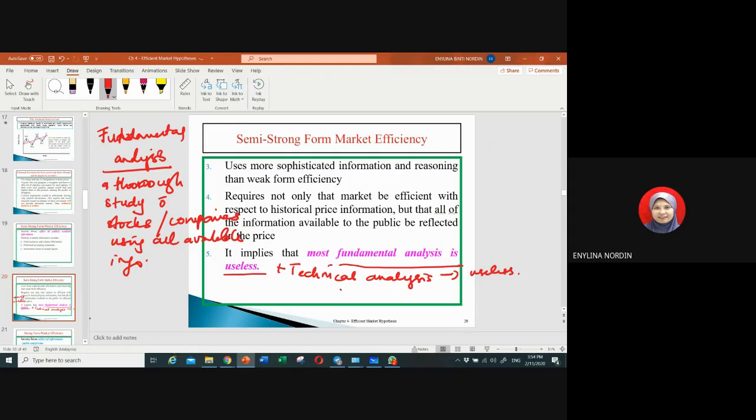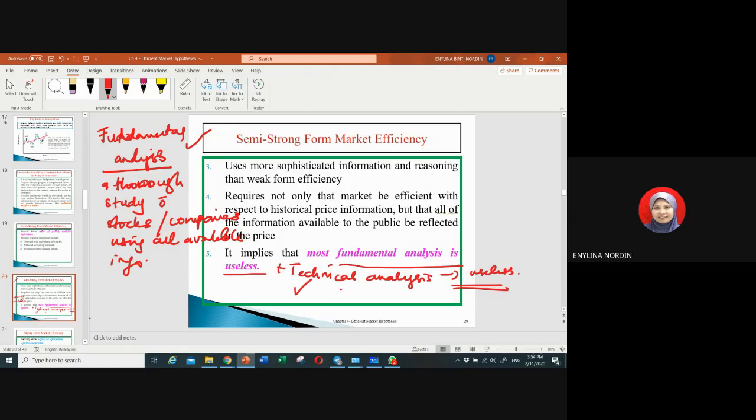In the semi-strong form market efficiency, fundamental analysis and technical analysis are useless. Why is that? Because all information in these two analyses, such as historical stock prices and the financial performance of the company, is already absorbed into the stock's price.